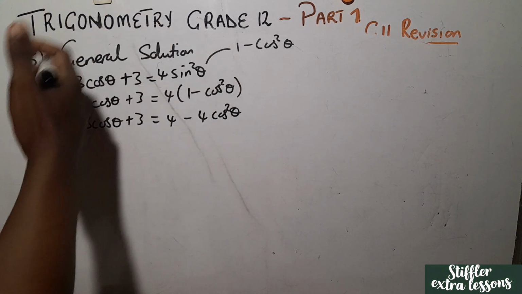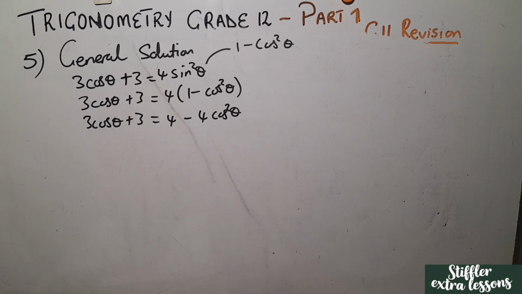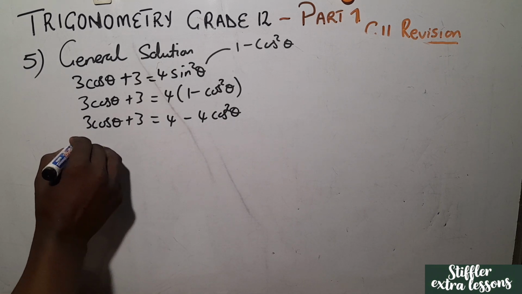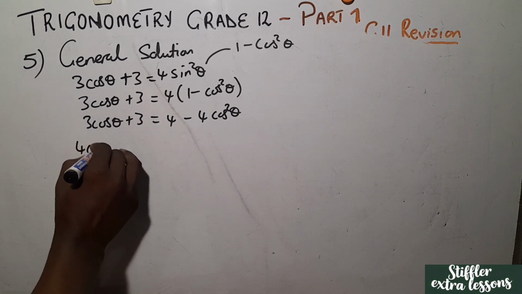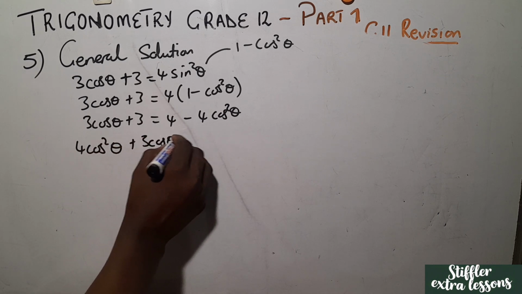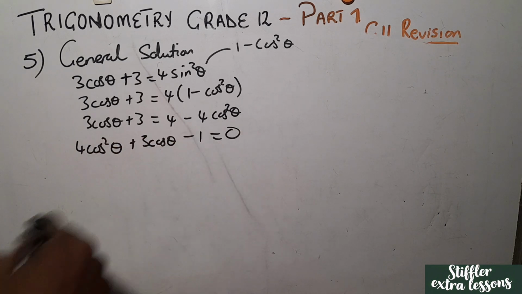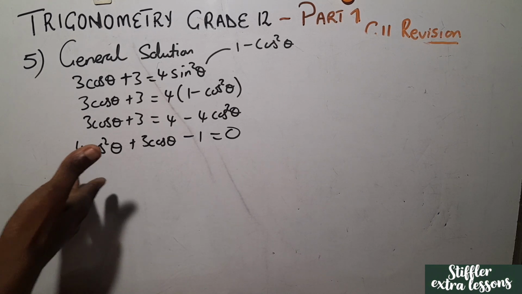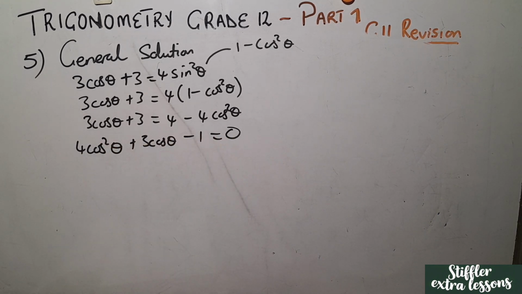So you can turn everything this side now, right? So when you turn everything this side, this becomes 4 cos squared theta plus 3 cos theta minus 1 is equals to 0. And we're having 3 terms, the other one with a square. It means that we can factorize.